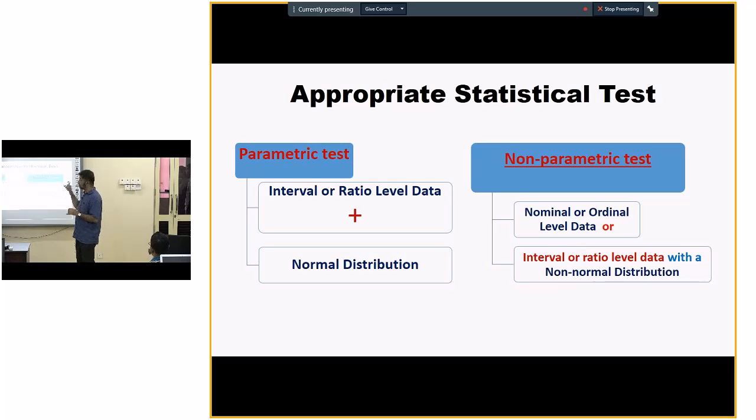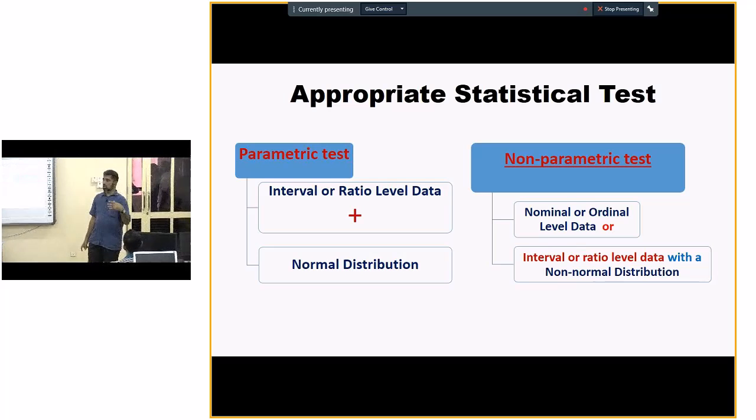So I incorporated two criteria here: one is level of measurement, another is the nature of the distribution. When you are doing your research, you may use primary data or secondary data, and you can consider the scale of measurement. In your case, you are going to take the impact of macroeconomic variables on stock return.